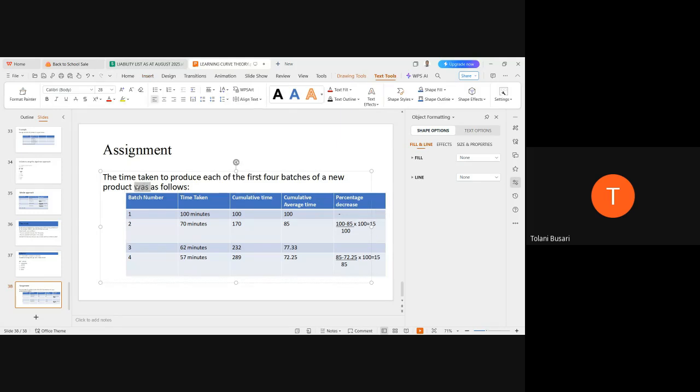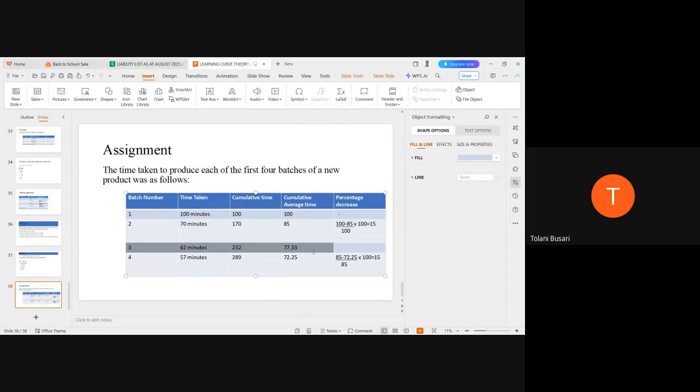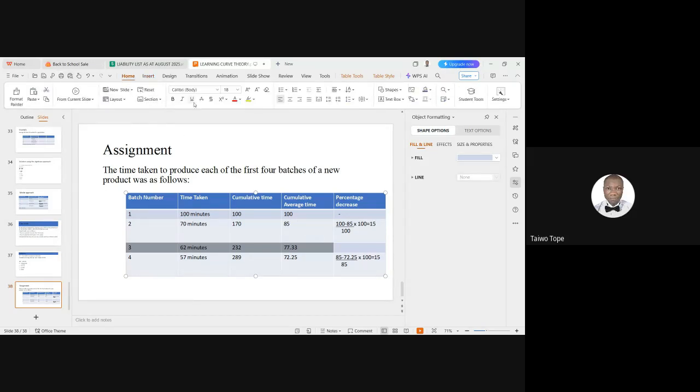You said we should ignore the number 3. Yes, ma'am. So we should ignore it outrightly. That means we won't use the cumulative average, because it's not doubling, ma'am. Okay. All right.